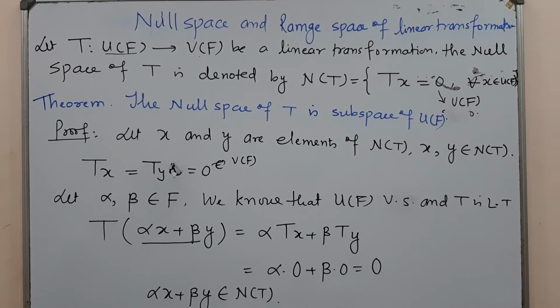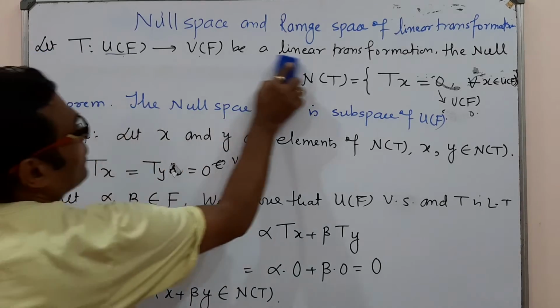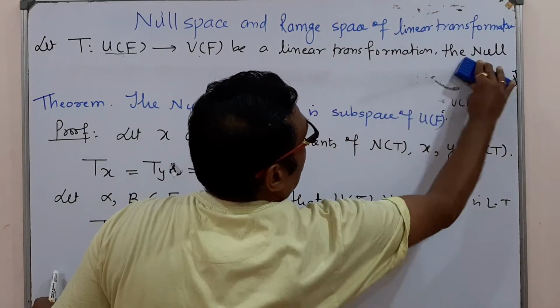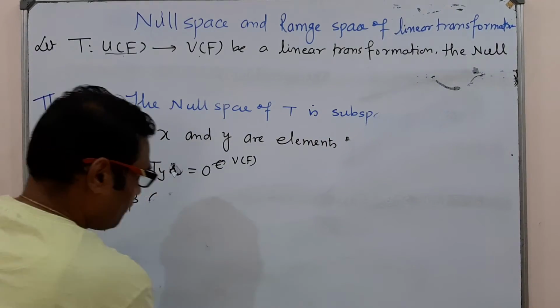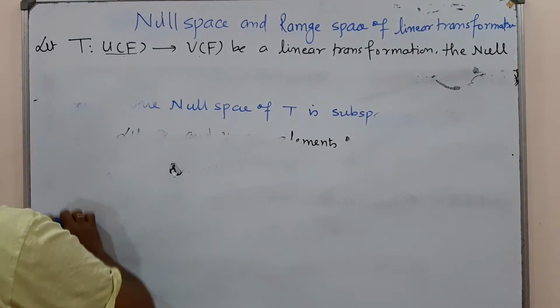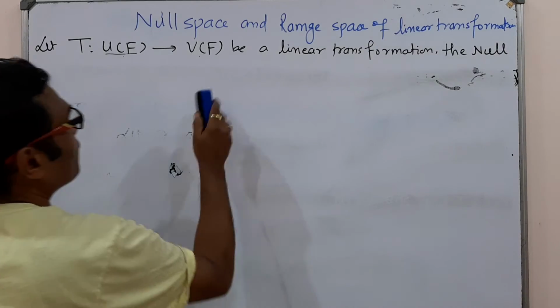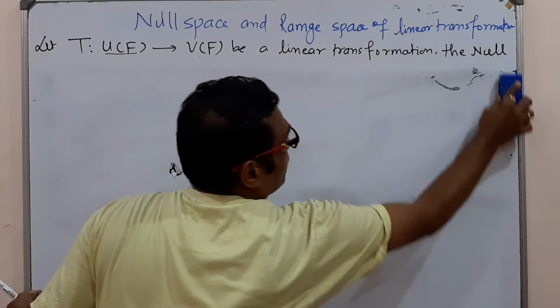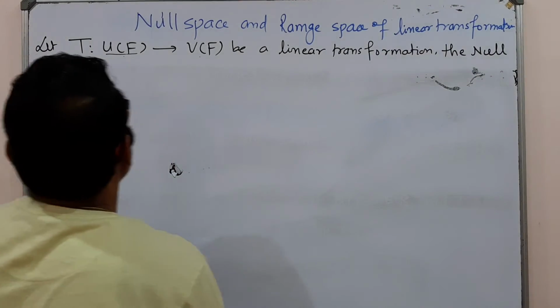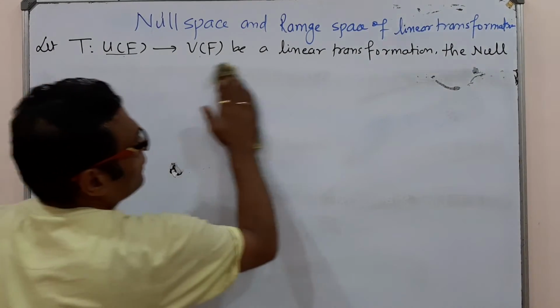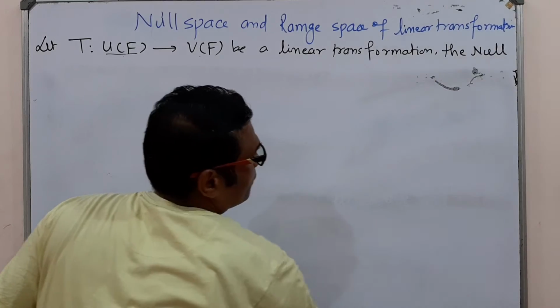Now we define the range space. What is our range space? We define the range space of T. Let T be a linear transformation.